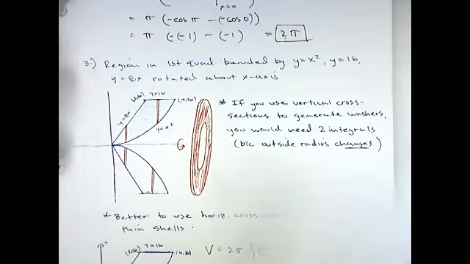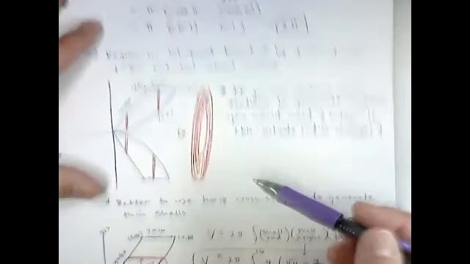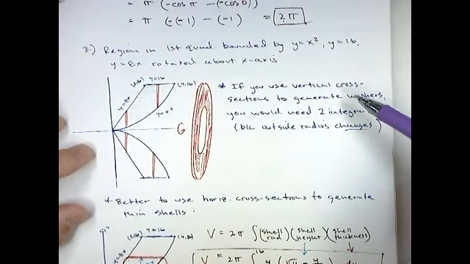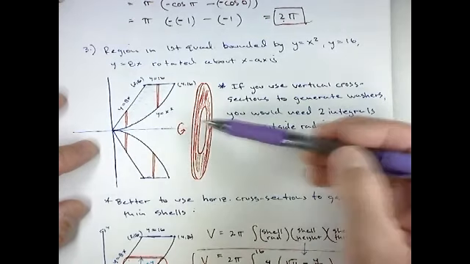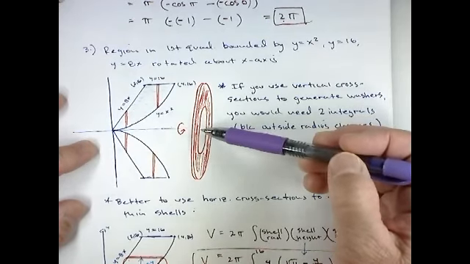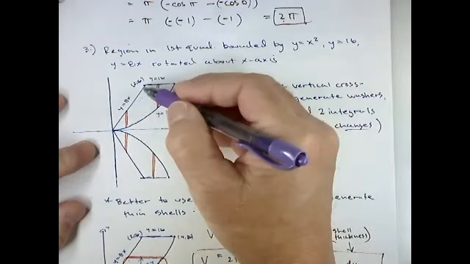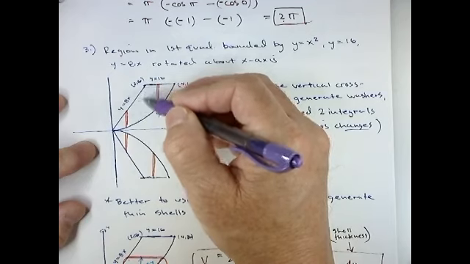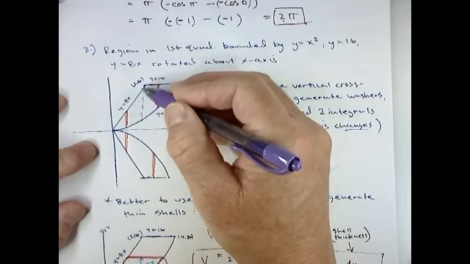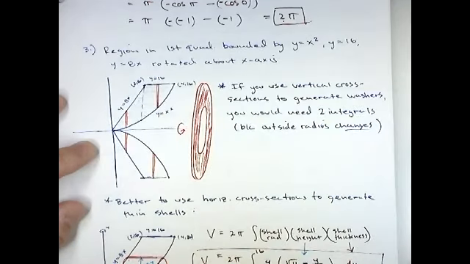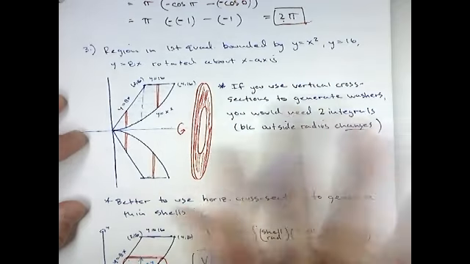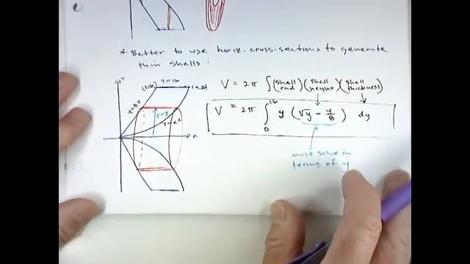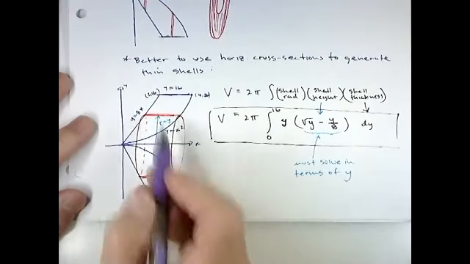The way I've drawn it here is to show you that if you did vertical cross sections to get washers, you could do it that way, but you would have to break it up into two separate parts, right? Because this would be your dividing line right here, at x equals 2. So we're not even going to do that.